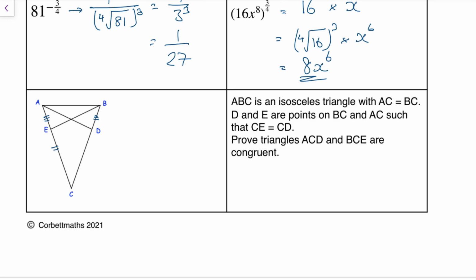Well, that's not too bad, is it? So I'm just going to say that CE equals CD in question. Tells me that in the question. Also tells that BC equals AC, which is in the question.